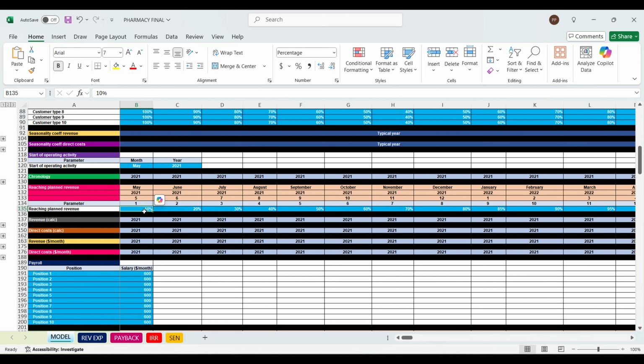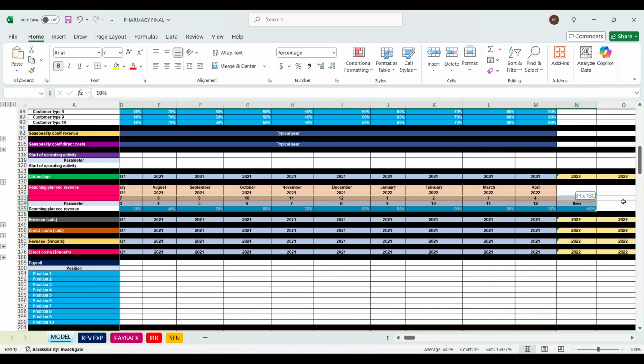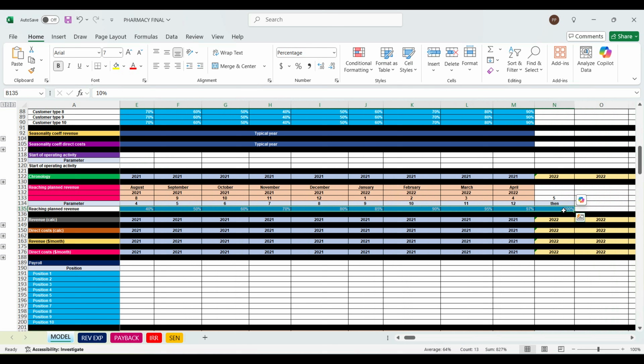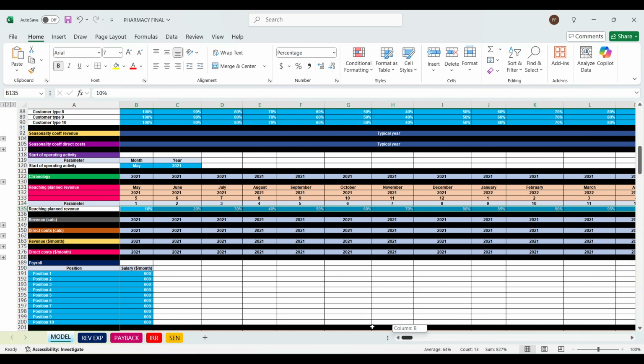Once you are done with the model and have finished all your assumptions, you will be playing a lot with these percentage values, because they significantly affect the amount of financing that you need to start your pharmacy or any other type of business.